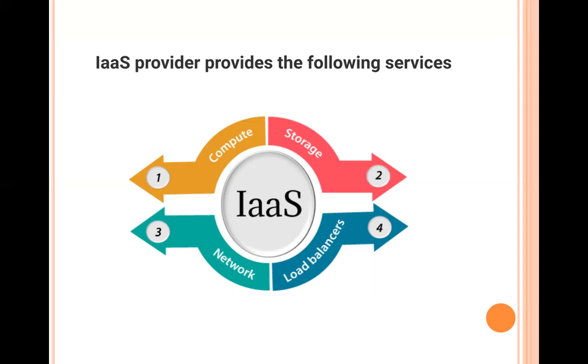Then third, network facility, network as a service. Network facility is also provided by IaaS, and virtualized networking device services are provided, like virtualization of routers, CPU, and bridges for the VMs, that is virtual machines. Then the load balancer.